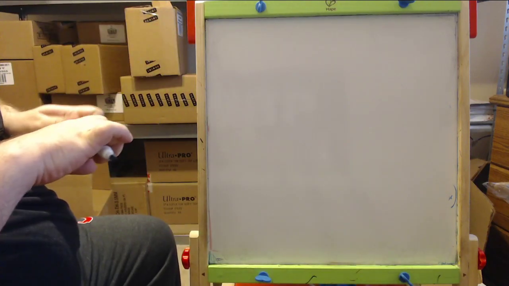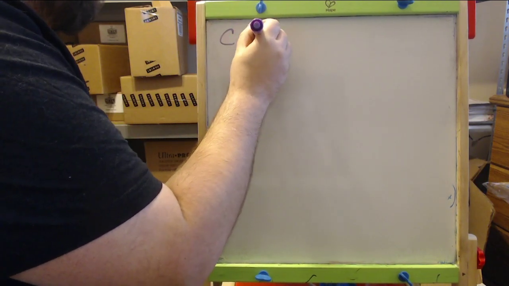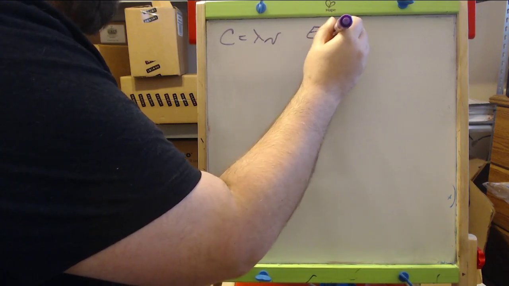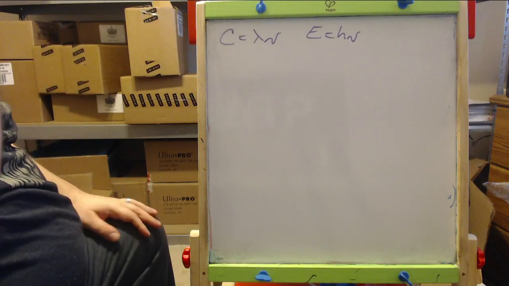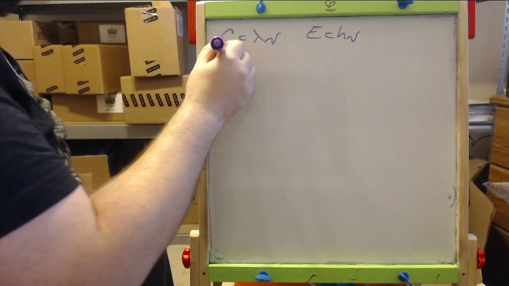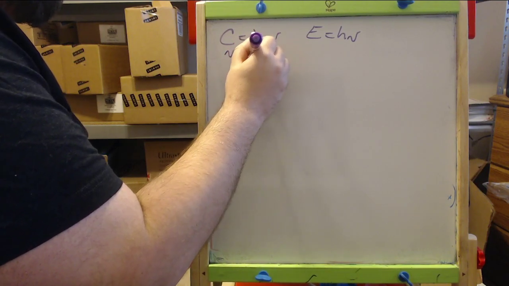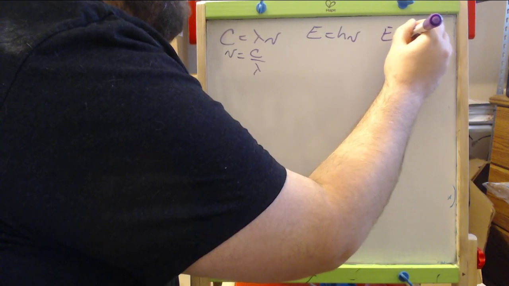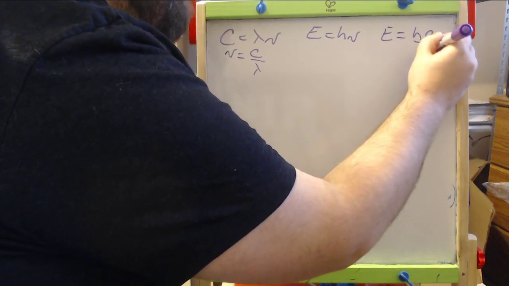We learned that c equals wavelength times frequency, and that energy equals h times frequency. And therefore, if we wanted to, we could say frequency equals c over wavelength. So therefore, we could rewrite this one as E equals h times c over lambda.